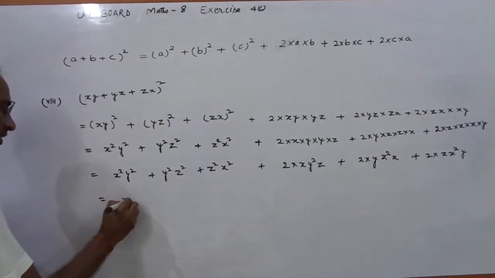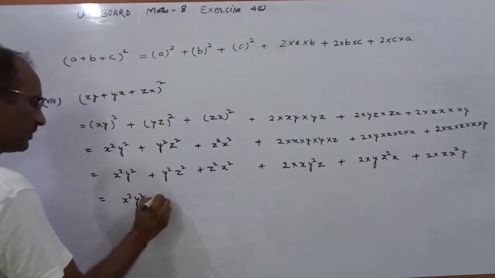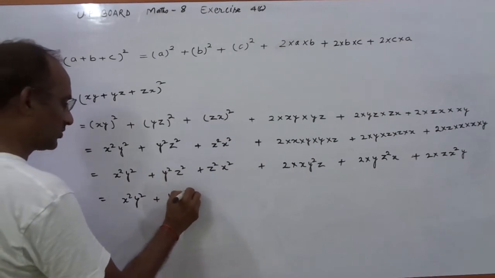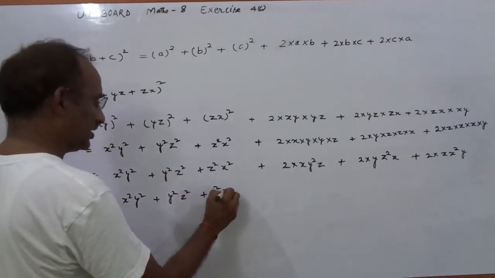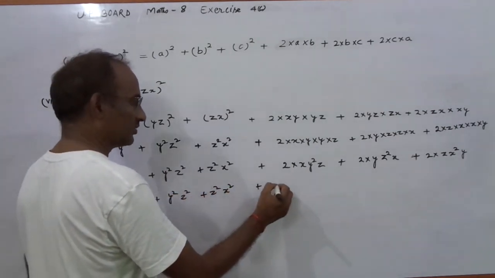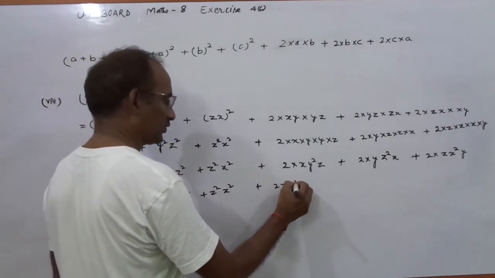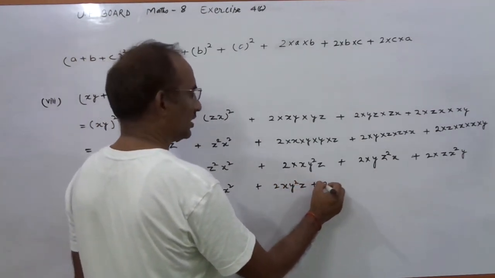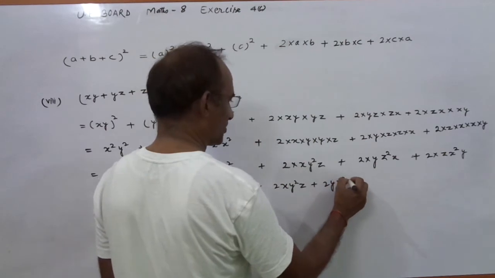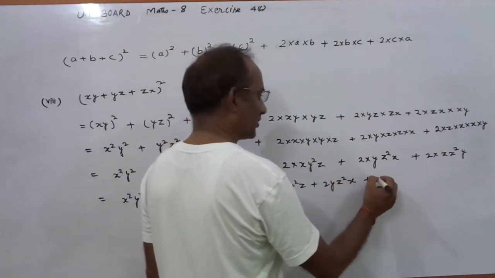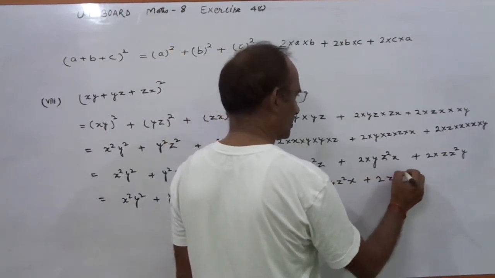So it can be written as x square y square, y square z square and z square x square plus twice x y square z and twice y z square x and twice z x square y.